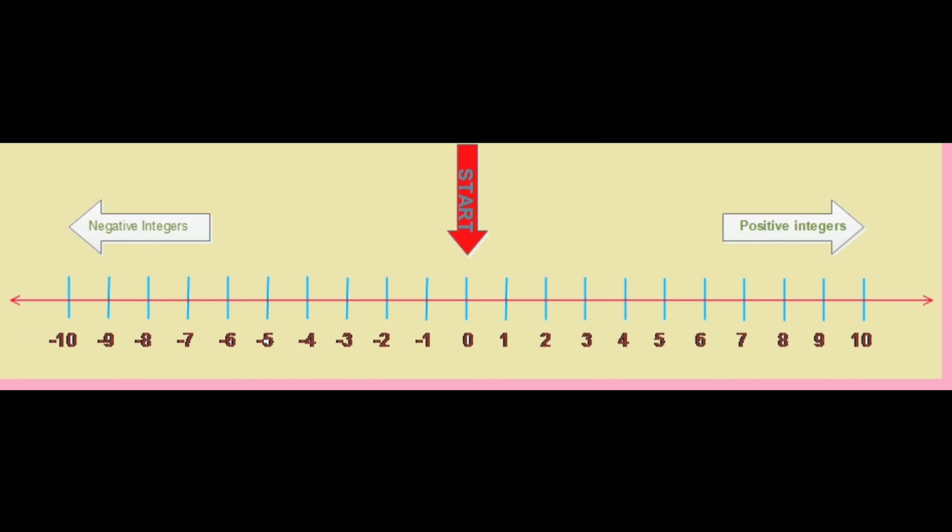So what about integers here? Integers include all natural numbers, 0 and negative numbers. For example, -4, -3, -2, -1, 0, 1, 2, 3.